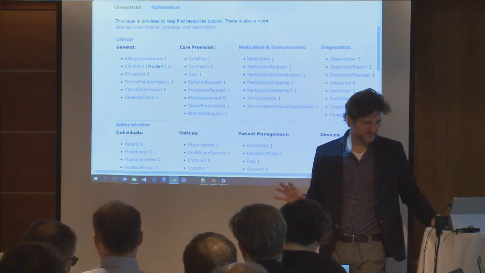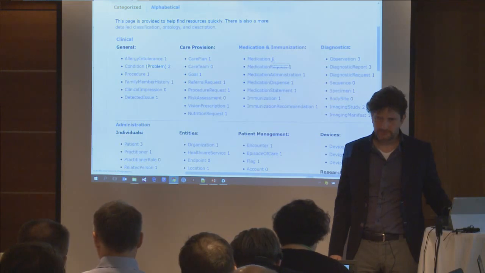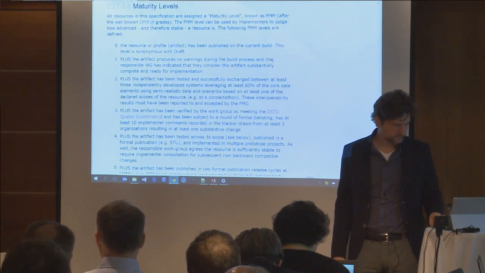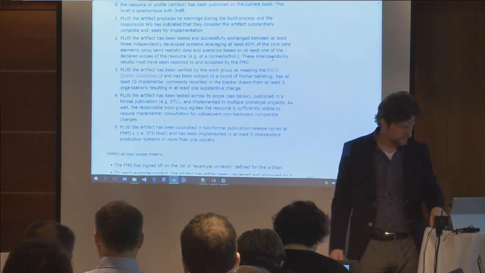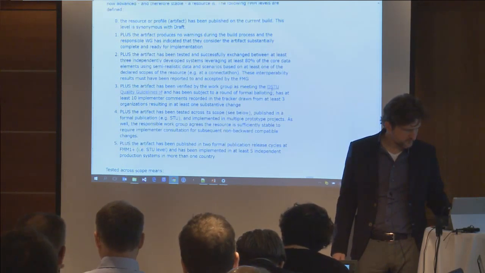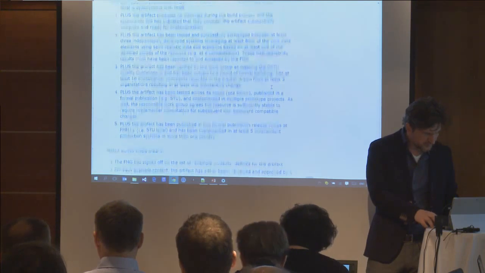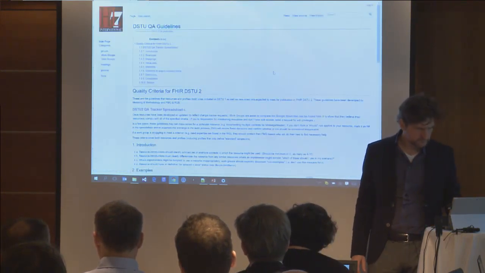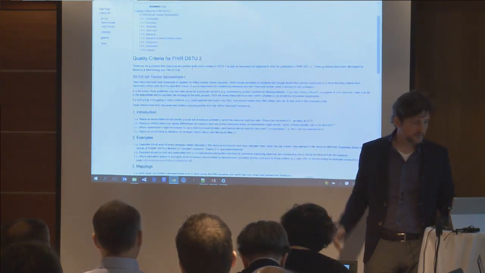That's actually not a single place. But if you click on these numbers, so I click on the 1 here, you see documentation of all those levels, and there is a link to quality guidelines, which describe all the quality criteria we have set for each level.